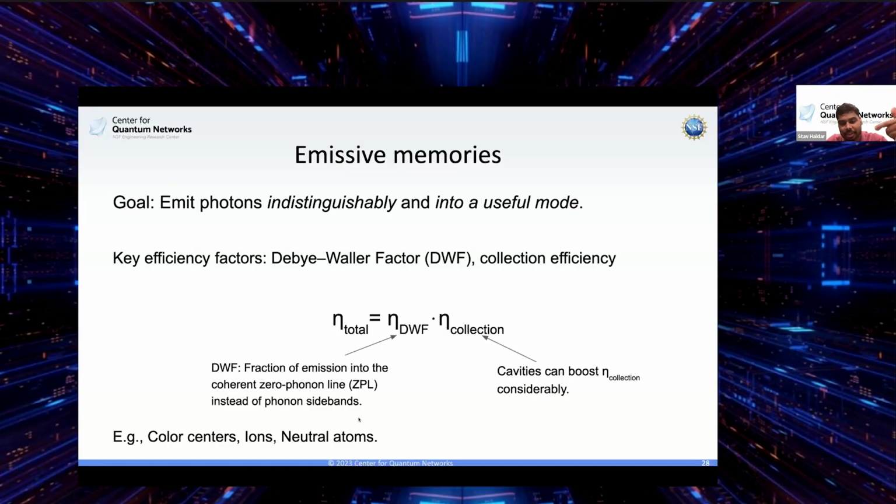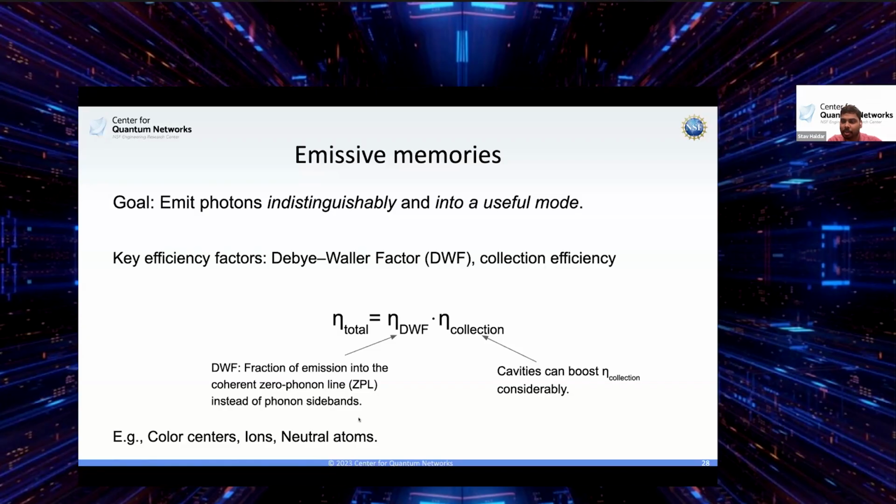So when you have this emission from the atom, you send it the control pulse, and the photon is emitted, which is entangled with the atom. It's not that you get a single frequency out, or a single mode out. A part of that excitation is in this useful mode that you want, and a lot of it is lost in what are called these sidebands, right?